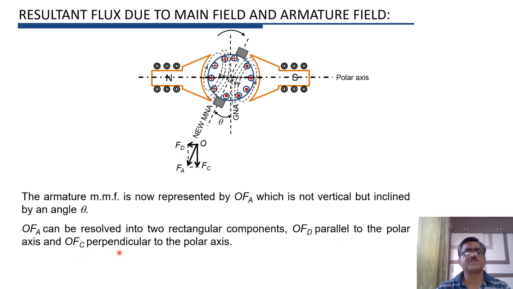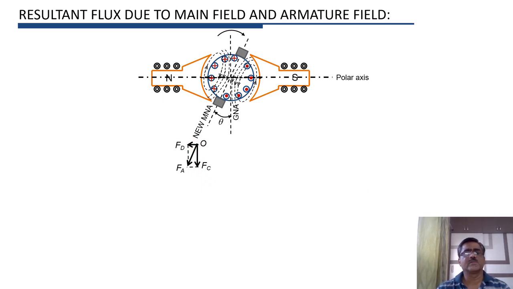So this OFC is perpendicular to the main flux, or it is perpendicular to the polar axis. So the armature flux or armature MMF can now be resolved into two components, OFD, which is parallel to the polar axis but opposite to the main flux, and OFC, which is perpendicular to the polar axis.